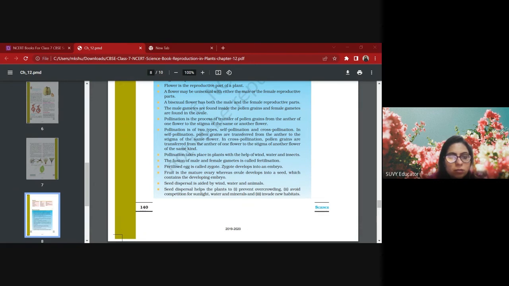This is the anther, and this is the filament. The male gamete is pollen grains.